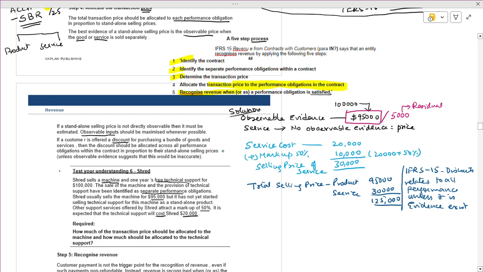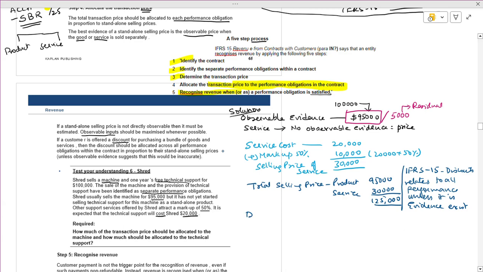Now, if you take into consideration, what will happen? We have to identify how much is the discount. Total price is how much? Total price is 125,000. Is it right? Total price is 125,000. The free technical support is how much? 100.